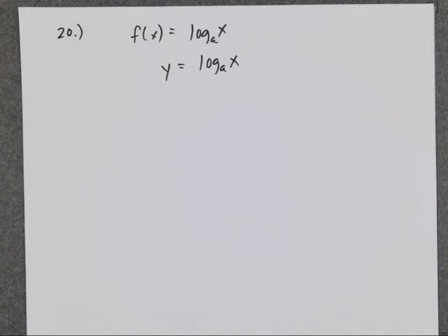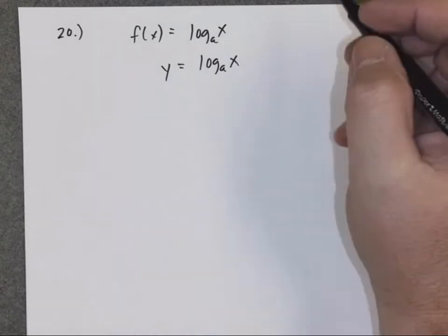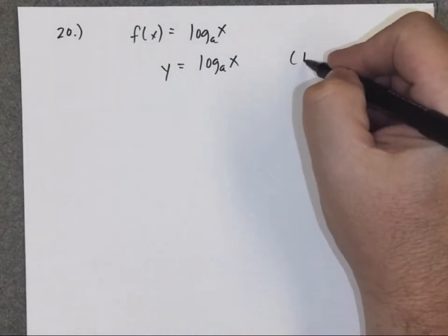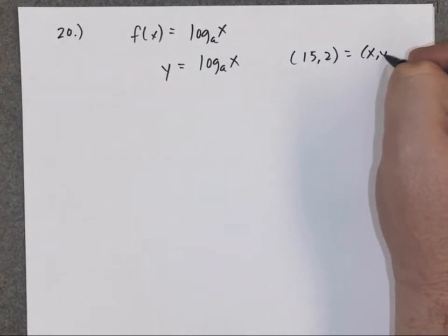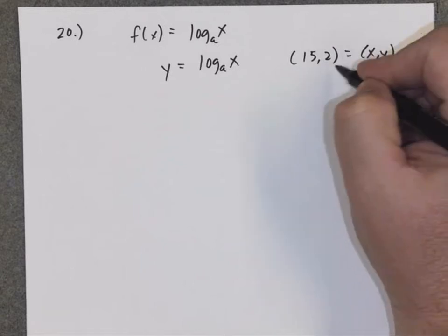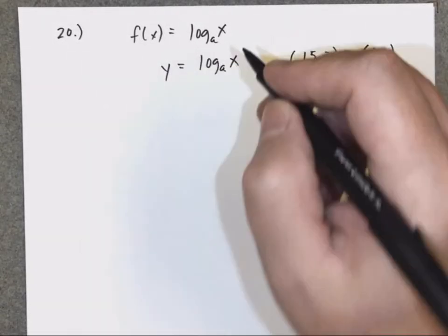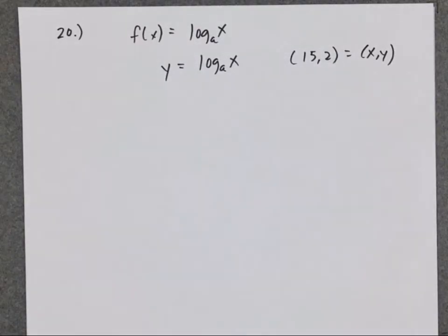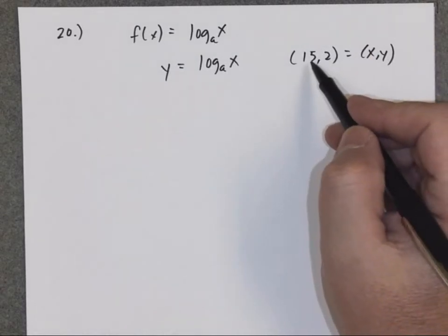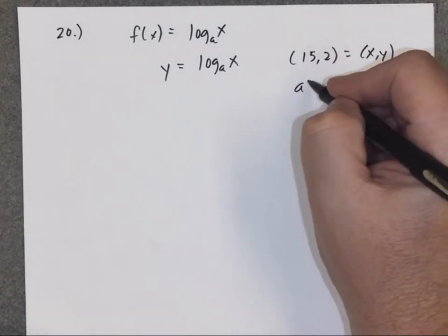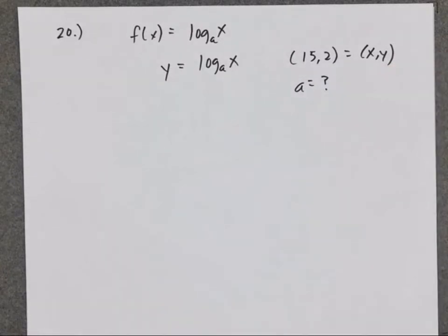Basically, they're saying they've got a point, this point 15,2, that works for this equation, and if we give you this point, figure out what the base is.